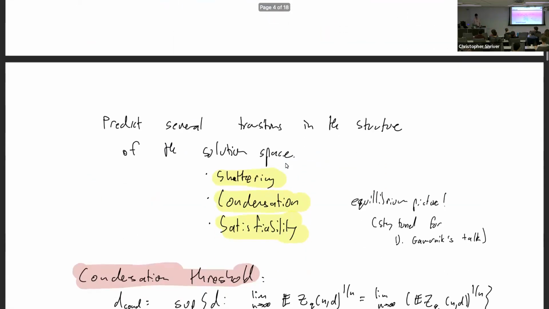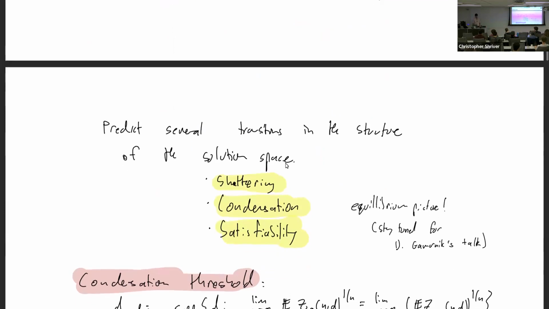Okay, so they predict these different phase transitions. My caveat, and I think this is important to know now that we know a bit more, is that this is really an equilibrium picture. This is talking about what do almost all solutions in the state space look like.